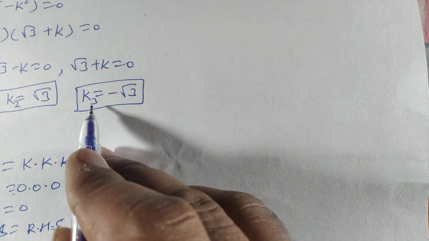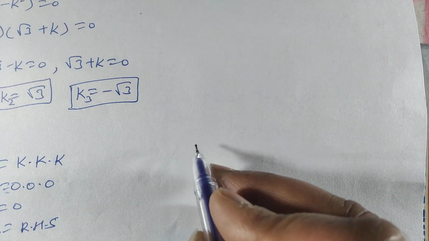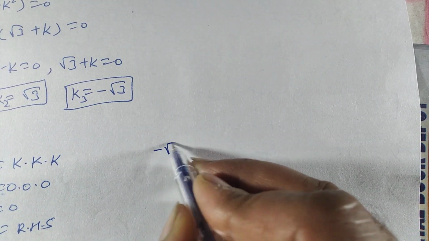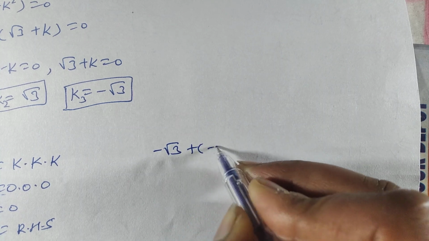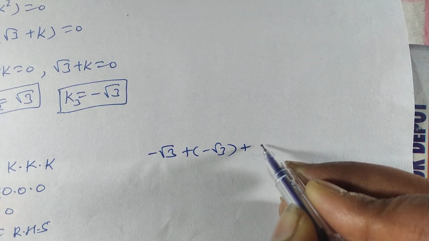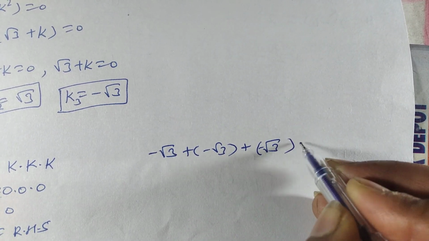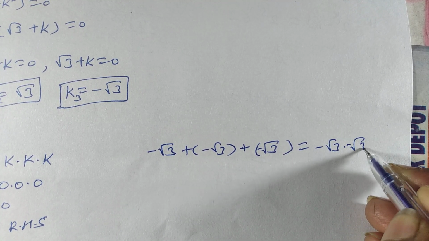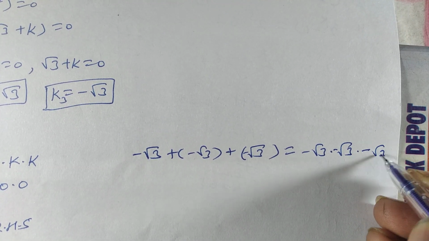Now checking k is equal to minus square root of 3. Putting in the main equation: minus square root of 3 plus minus square root of 3 plus minus square root of 3 is equal to minus square root of 3 into minus square root of 3 into minus square root of 3.